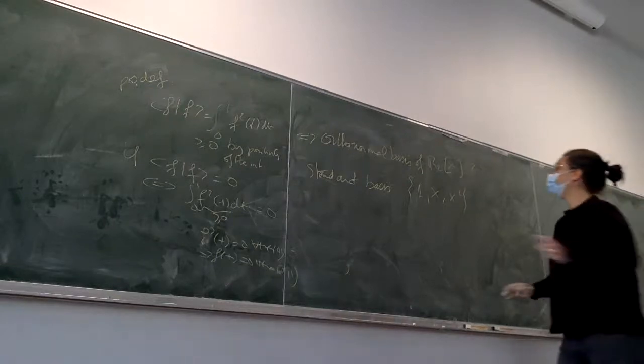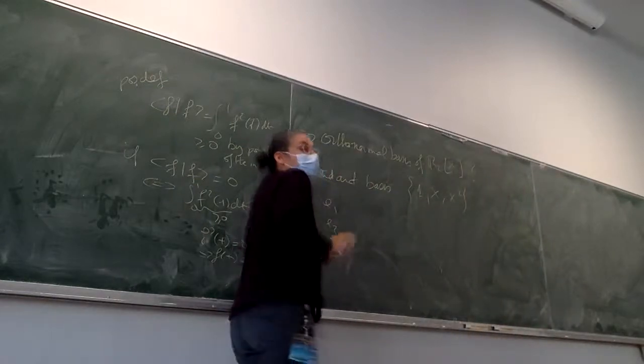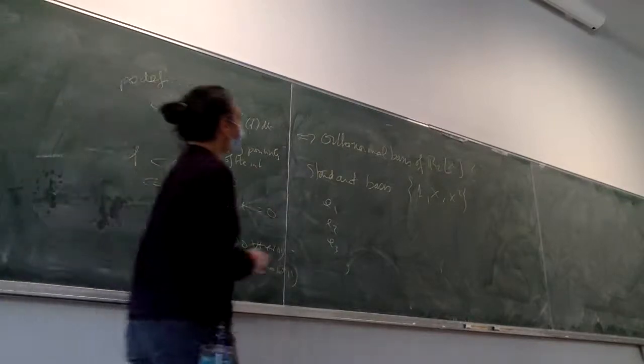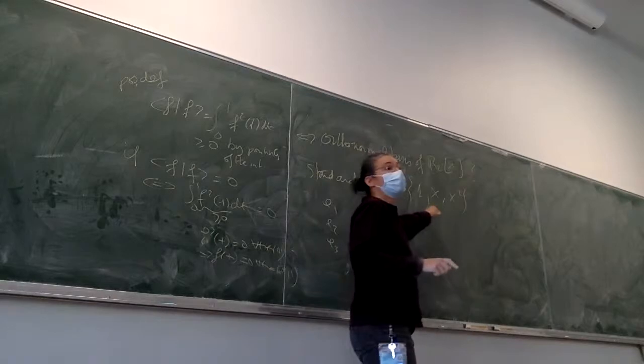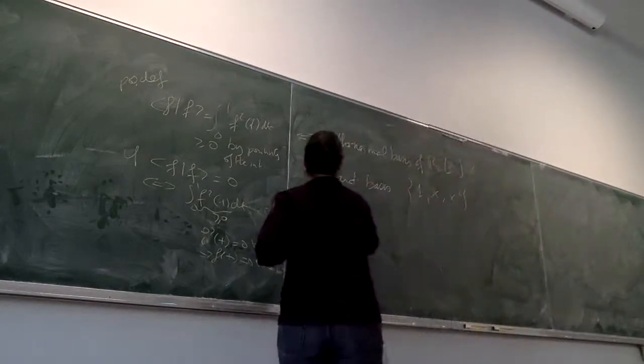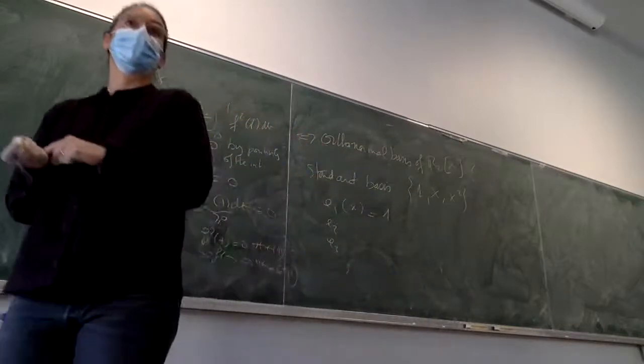So, first, I want E1, E2, and E3 that would be orthonormal, right? So, let's check for 1. Our first one is going to be 1. So E1 of x is going to be the constant function 1.